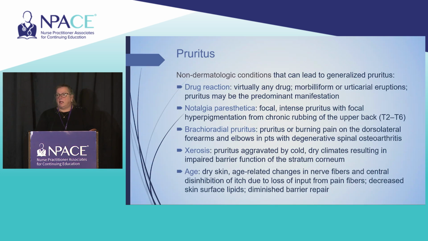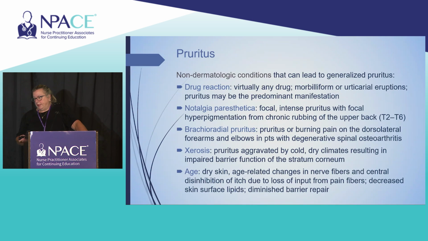And that is not resolved just by rubbing creams on them. That is better addressed by sending the patient to physical therapy or chiropractor or yoga once you've done some imaging. But that's not a skin thing, that's a neuromuscular thing.